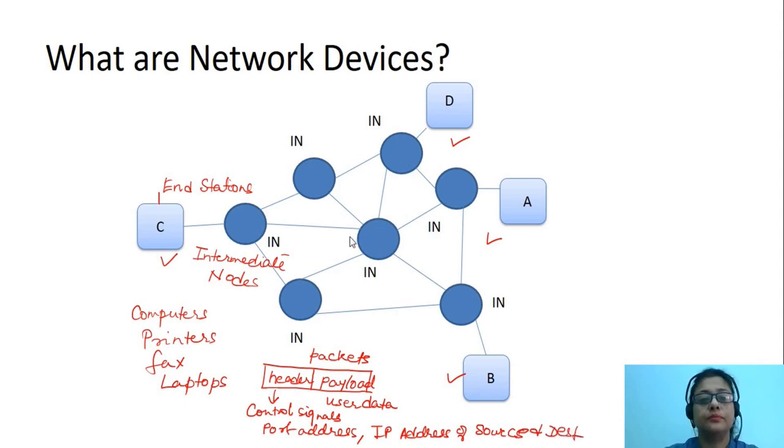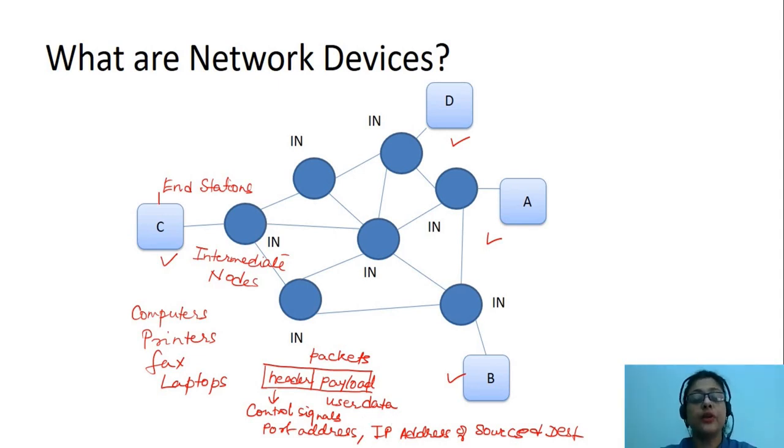So, this is a network connection. If a packet wants to be transferred from node C to node T, it passes through the blue colored nodes of the network. The functionality of these blue colored nodes is that they simply forward the data packet looking into the control signal part of the packet and without looking into the user data.